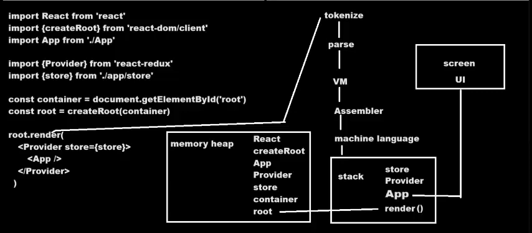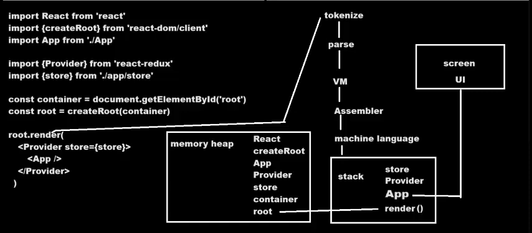Again, summary. Every variable, every function, every object, array, all of that must be in the memory heap. In the memory heap, it must have a name, a reference, and a value. A reference points to a value. And what is in the memory heap can be used in our process.